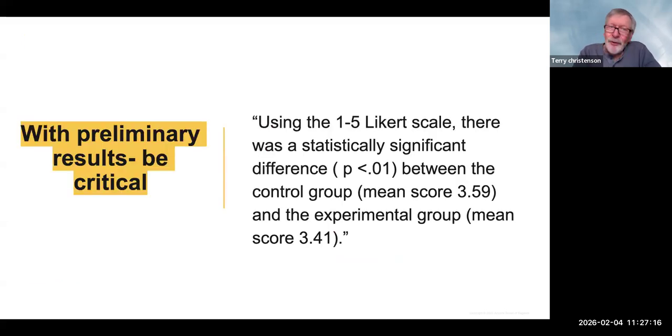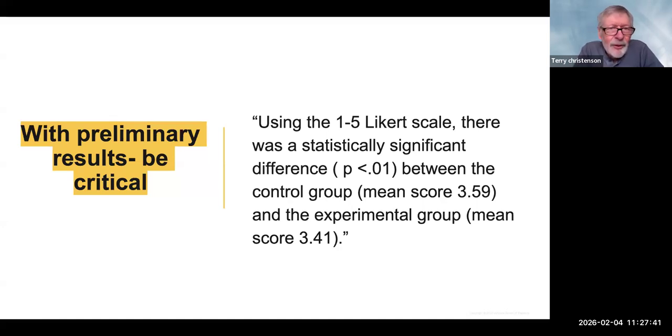With the preliminaries, be critical of your preliminary results. Using the 1 to 5 Likert scale, there was a statistically significant difference, p less than 0.01, between the control group, with a mean of 3.59, and the experimental group, 3.41. I think one always has to ask, how significant is a statistically significant effect?